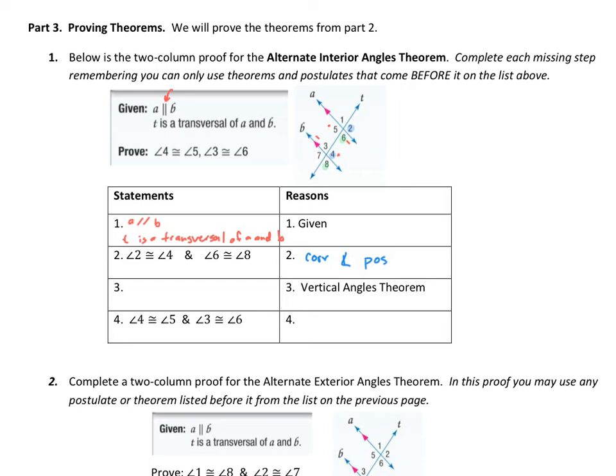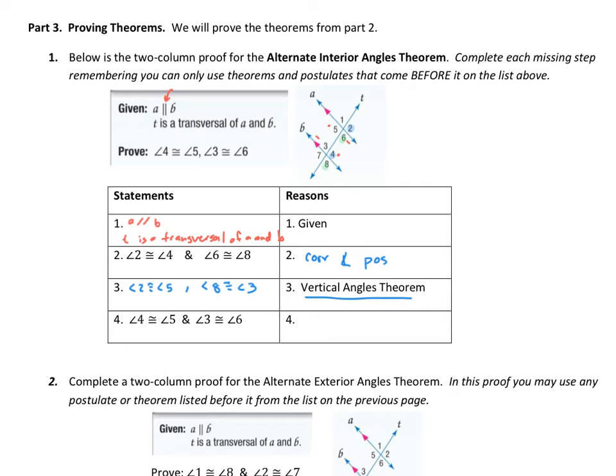And now, using an old theorem, the vertical angles theorem, I can connect the pieces that I have to the pieces that I need. So I can say that angle 2 is congruent to angle 5, and I can say that angle 8 is congruent to angle 3. And these are all pieces that I need.